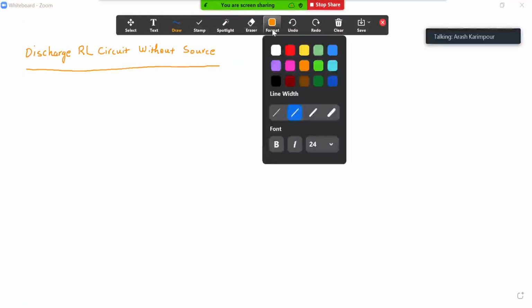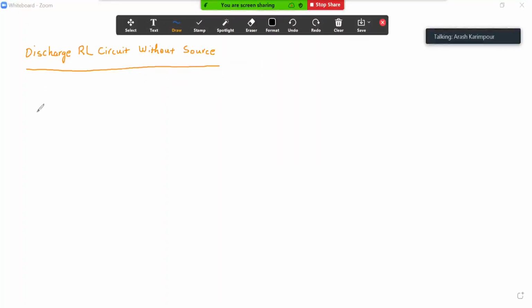So assume we have a circuit like this. It's going to be a source, and it's going to be the R1, and then we have a key, and we have an inductor sitting here, and then parallel to that we have a second resistor like that.